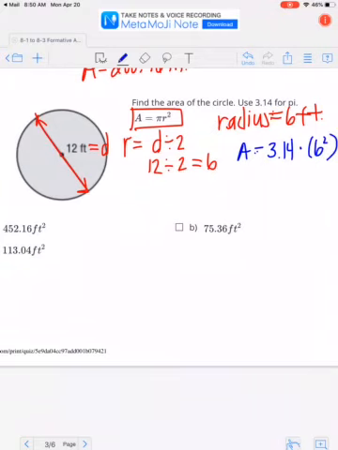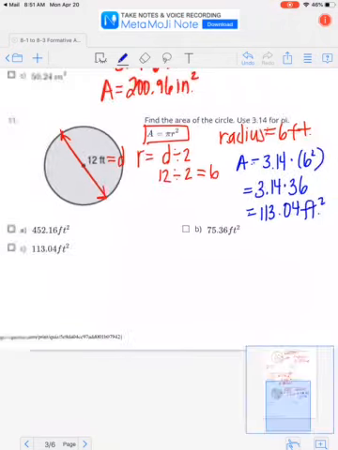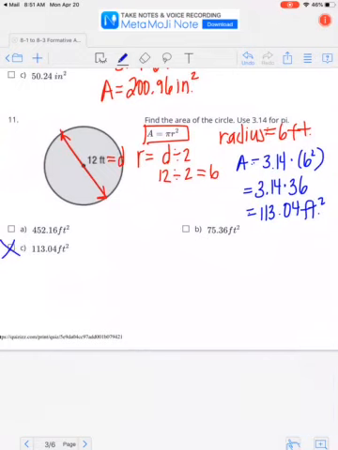Again, remember that is not 6 times 2, it's 6 times 6. So essentially we would have 3.14 times 36. So 3.14 times 36 gives me 113.04, and then it would be our units squared, so feet squared. So 113.04 feet squared would be letter C.